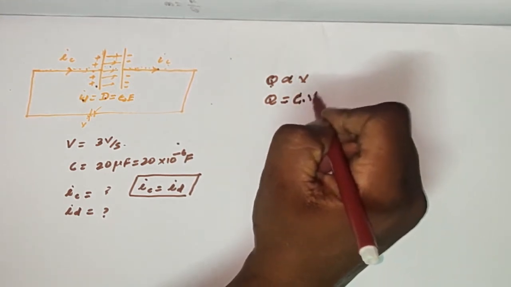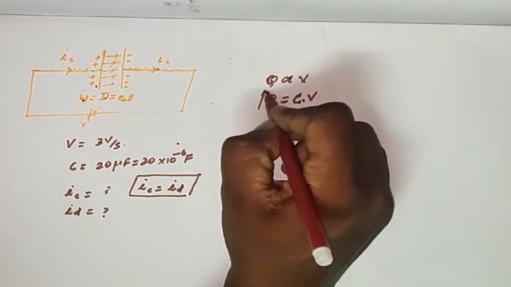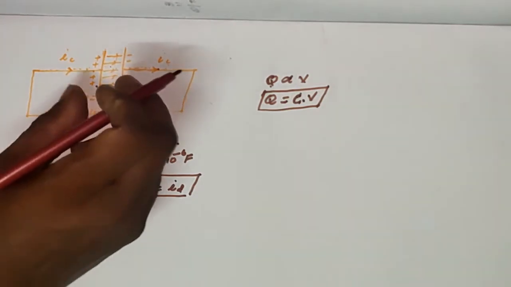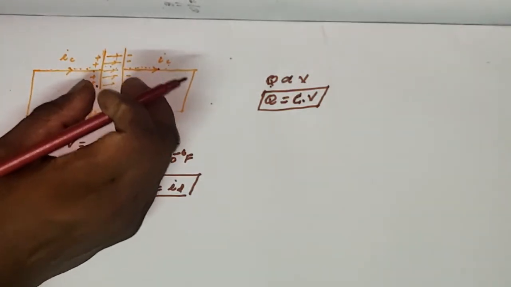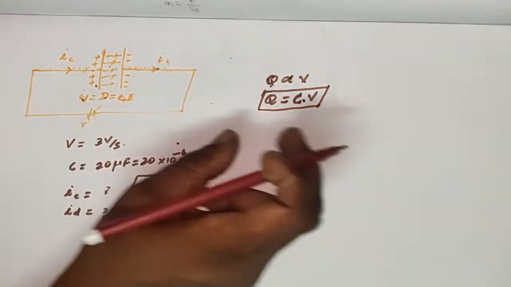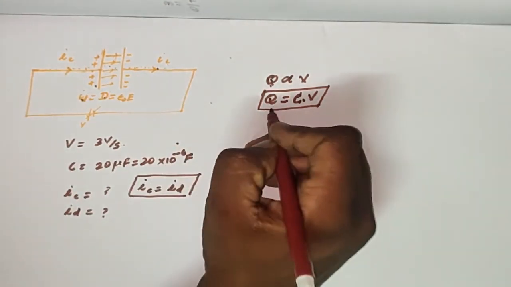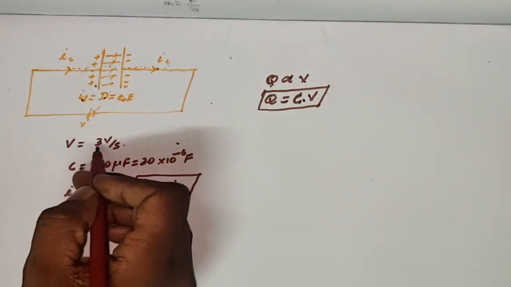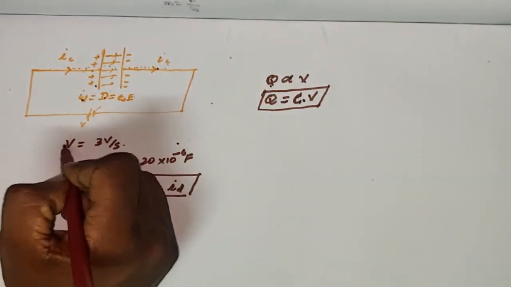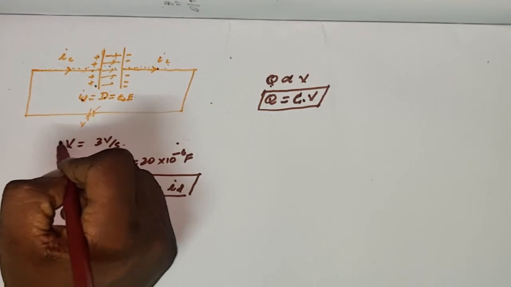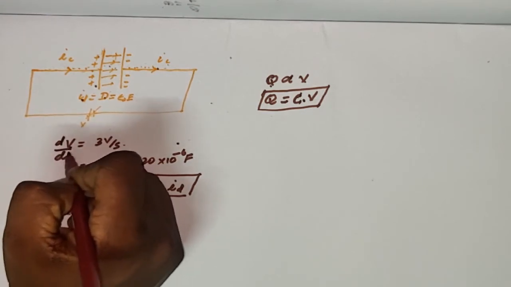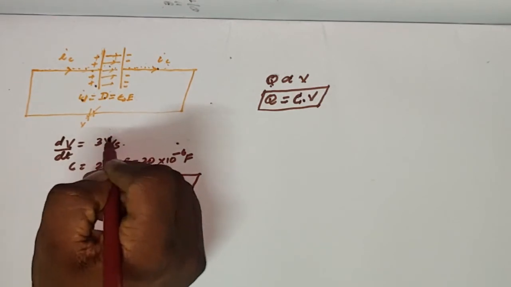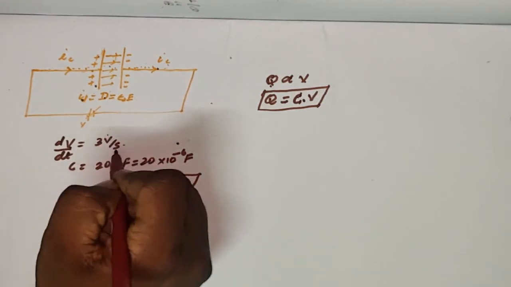So q equals C times V. This is the relation between the charge and the voltage in the capacitor. As the charge increases, the voltage drop across the capacitor will increase. We know the voltage variation. Just a small correction, it's 3 volt per second, because the unit itself represents voltage per second.